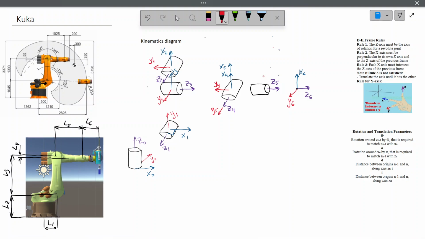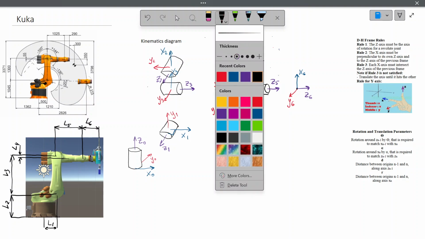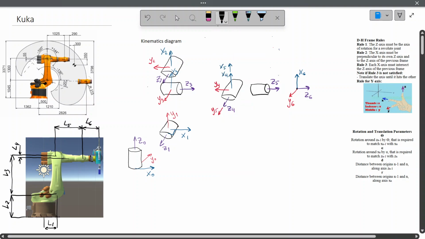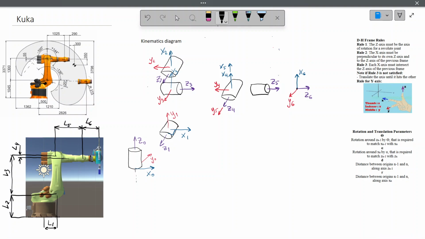Also, let's draw these distances on our diagram. So from our base to this origin, it will be distance L1. L2, again from our origin to this point, to the origin of the second joint.